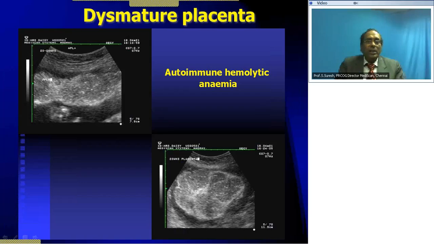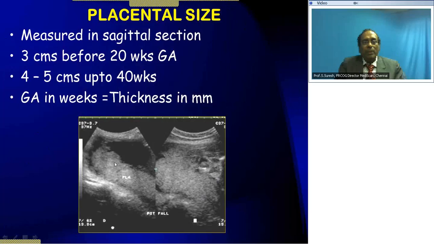And here is a dysmature placenta in a case of autoimmune hemolytic anemia. She is only about 23-24 weeks, and you can see the placenta is already calcified. So obviously this baby is in trouble. Whereas if the same thing is seen at 36 weeks, we'll say it's part of a normal aging process. So something happening at a gestation stage when it is not supposed to happen is what you need to be worried about.